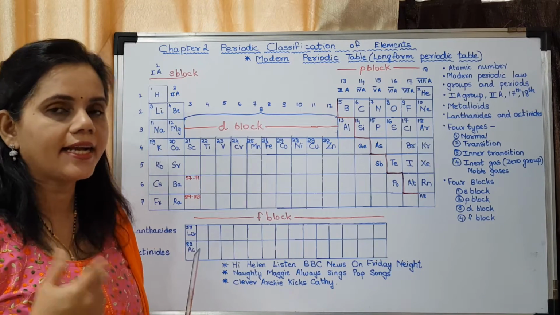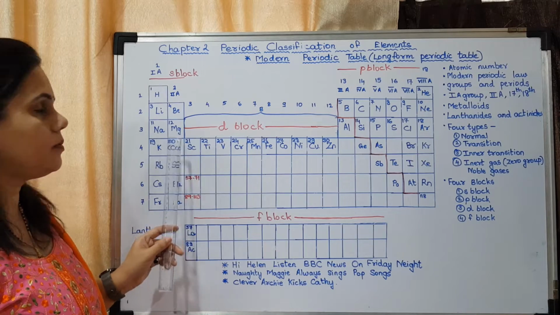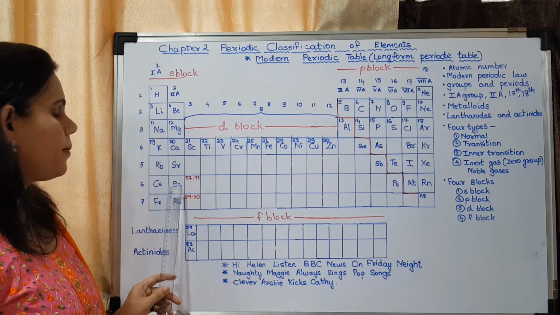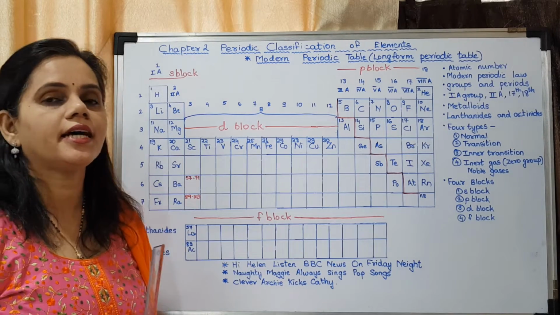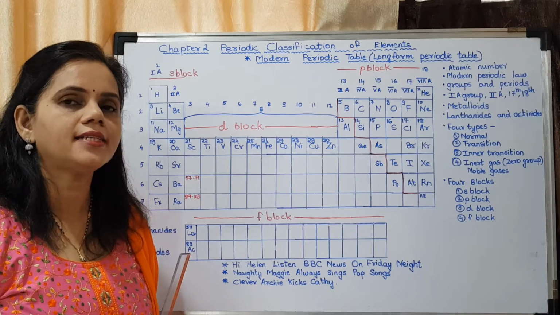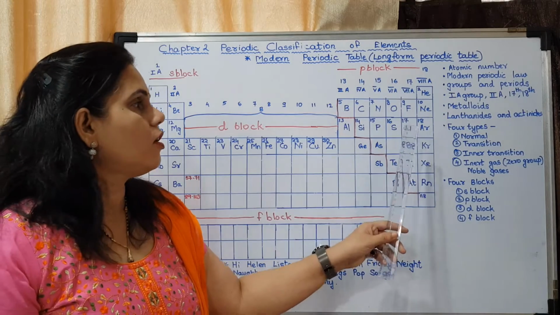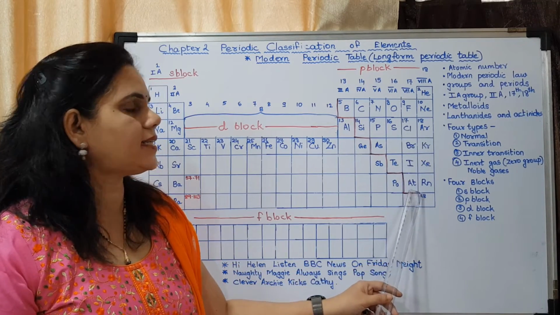Now the second group: beryllium, magnesium, calcium, strontium, barium and radium. These are the elements in the second group. They are called alkaline earth metals. Halogens: fluorine, chlorine, bromine, iodine, astatine.